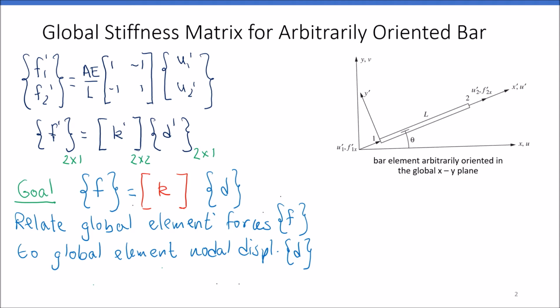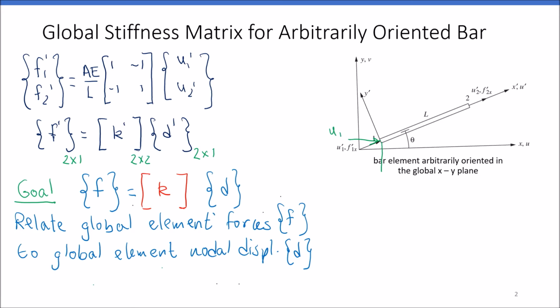When I start working in the global coordinates, I'm going to need to resolve the local displacements and the local forces into components oriented along the global coordinates. So U1 prime is going to have two components, along the x direction and the y direction.